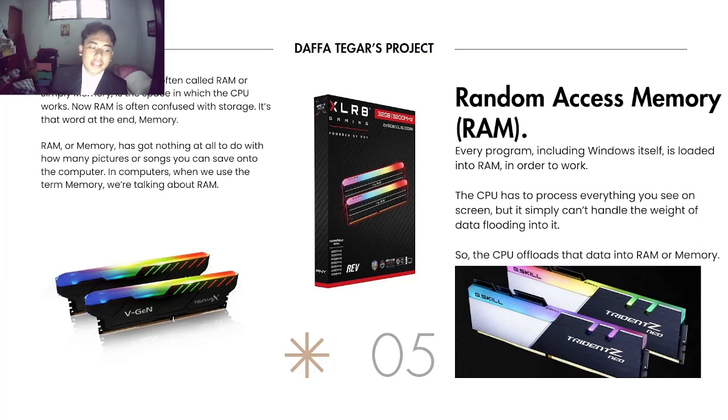No, it's not like that. The RAM is basically the processing workspace for the CPU. When the CPU processes, it loads the data into the RAM so it can process the data.